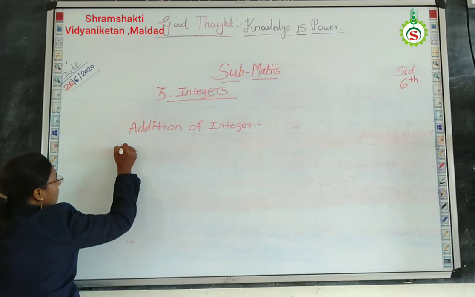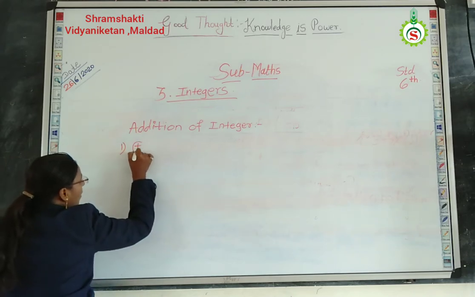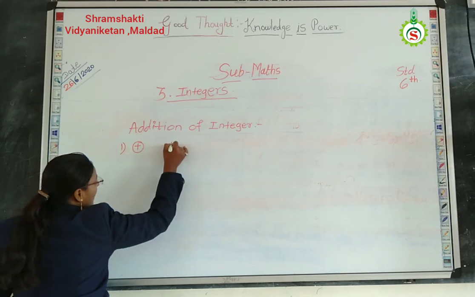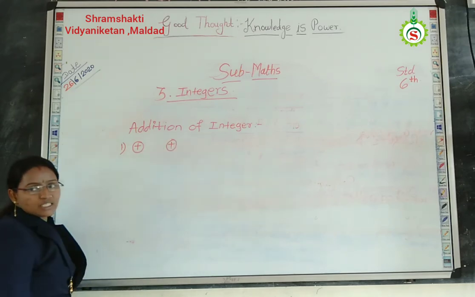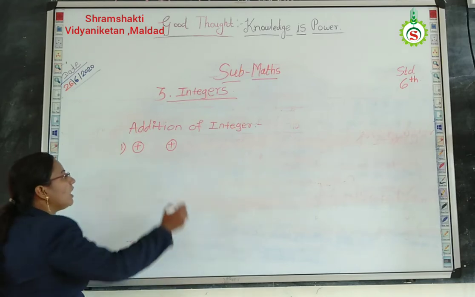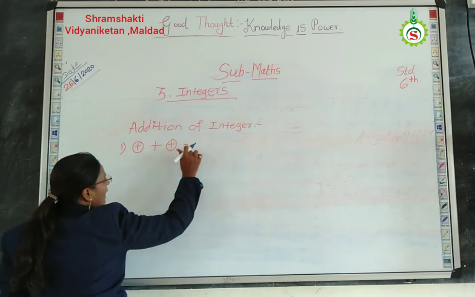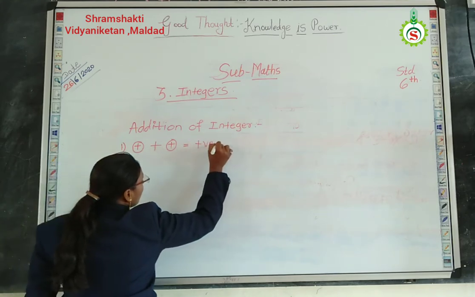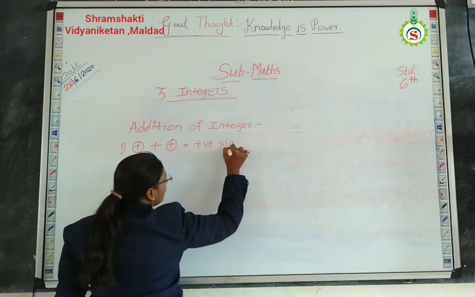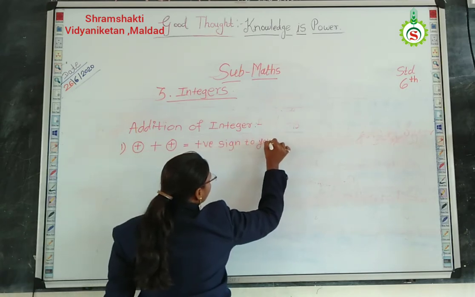First rule is: when both the numbers are of the same sign, that is plus plus, simply do addition of the numbers and give a positive sign to your answer.